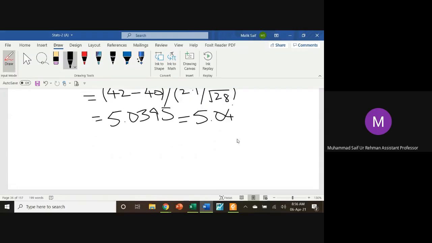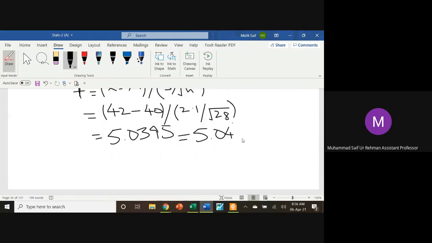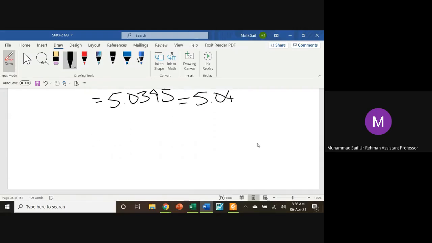This is t calculated. So now you may compare this value with the tabulated value. Okay, so you write down here 5.04, and what was the tabulated value? It was 1.703, if I remember.